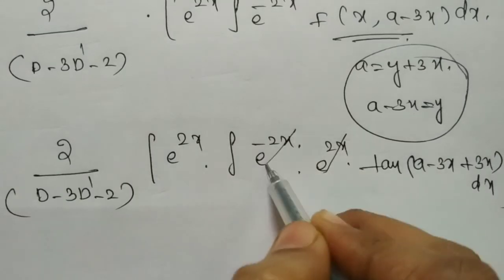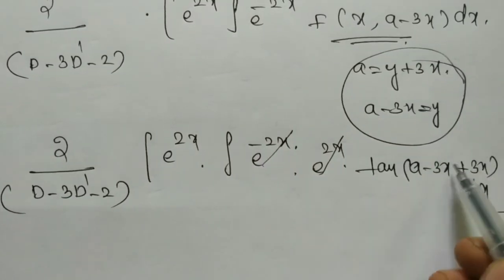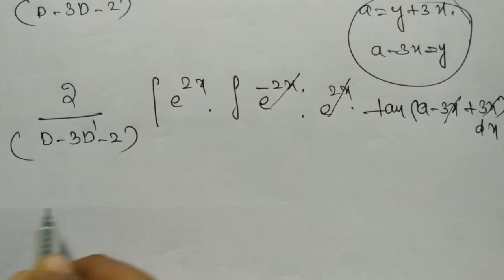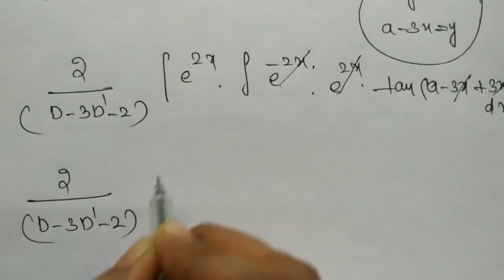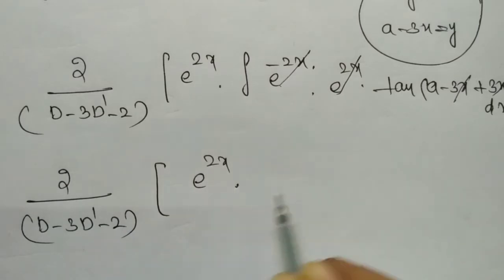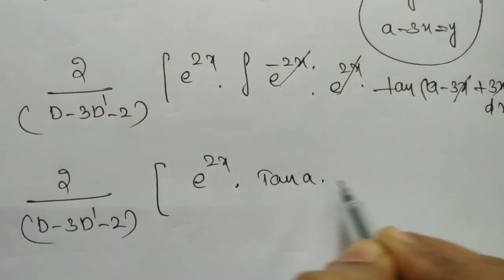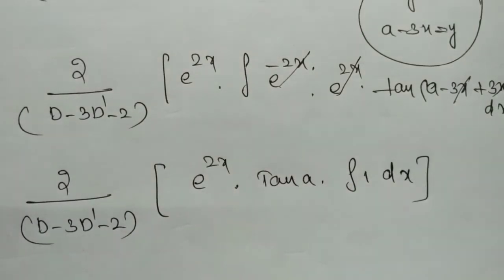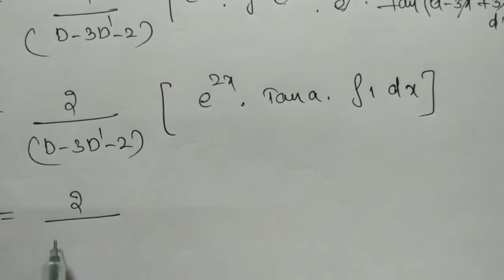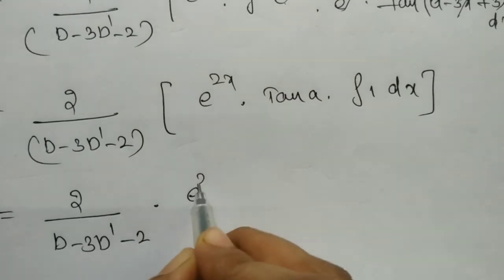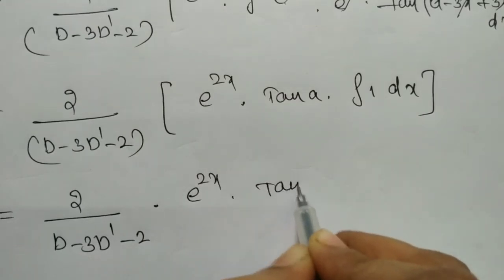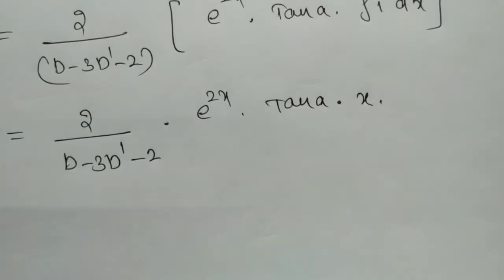So e power minus 2x and e power 2x cancel, and 3x cancels. So 2 by D minus 3D dash minus 2 into e power 2x into tan a into integration of 1 dx. So 2 by D minus 3D dash minus 2 into e power 2x into tan a into x.